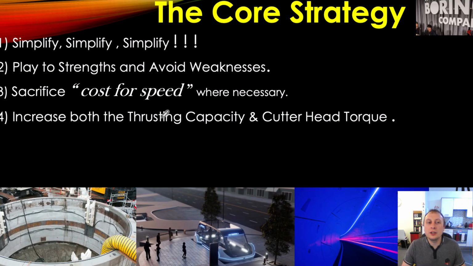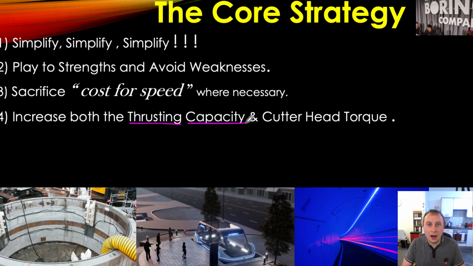Increase the thrusting capacity, and that is absolutely key. You can increase the speed at which the cutter head of the machine spins, and that is important, but the biggest difference will come from increasing the thrusting capacity of the machine when it's installing those hexagonal segments, because you can't use all your thrust cylinders or your jacks at the same time using hexagonal segments.